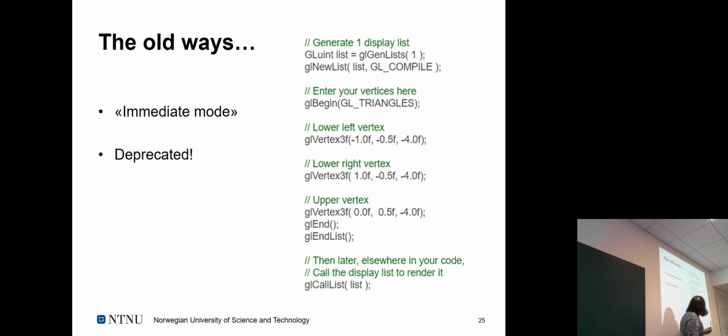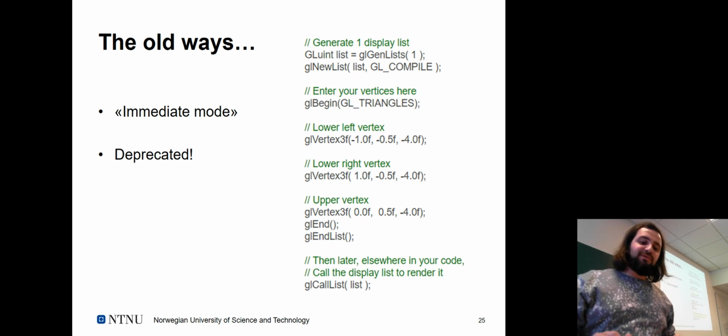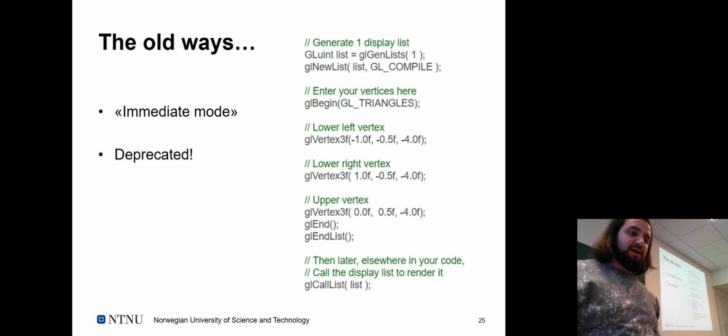What's happening here is that we define the list, then we start with begin, and we start entering the vertices of the triangles, and then we define each vertex separately, like three floating points for 3 vertices. Then we have the end function, we end the list, and if we want to refer to them somewhere, we just call this particular list defined up there. However, in 4.5 we do that in a different way that we will see later.